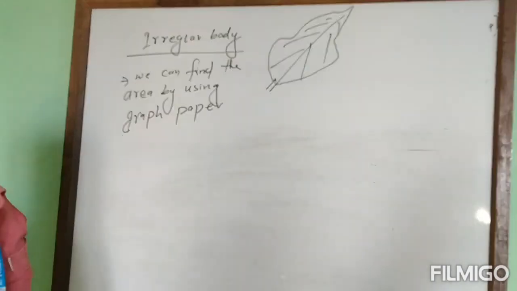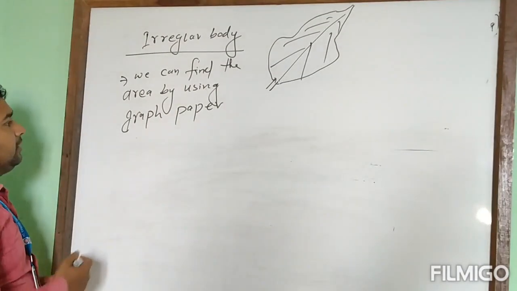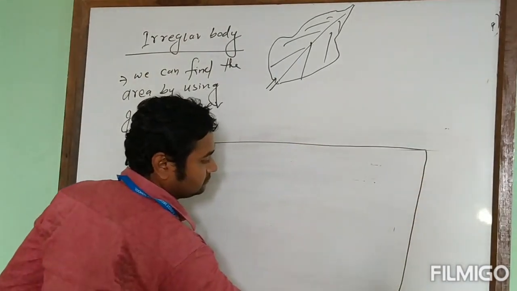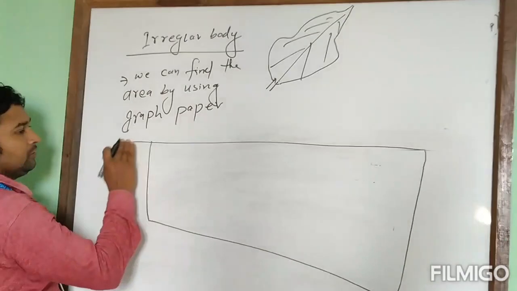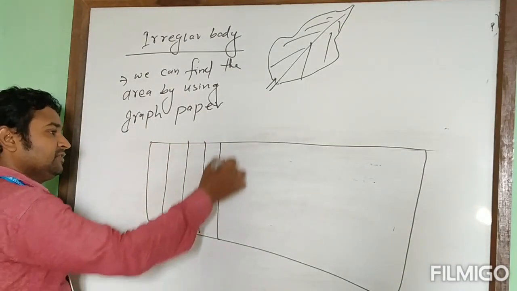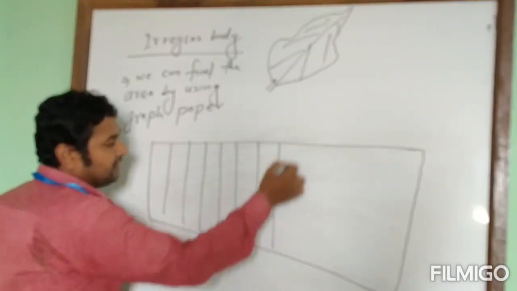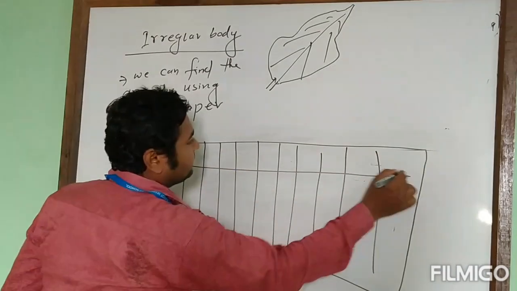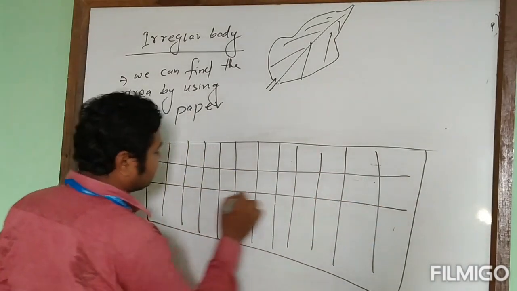Let me show you a graph paper. Just have a look here. I am going to draw a graph paper. You have seen it in the previous class.